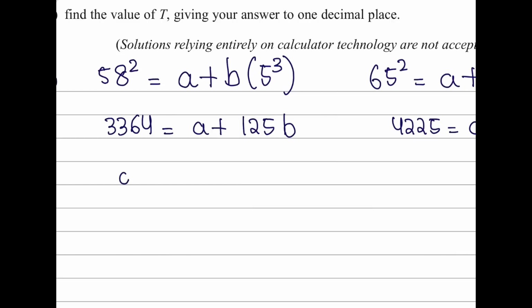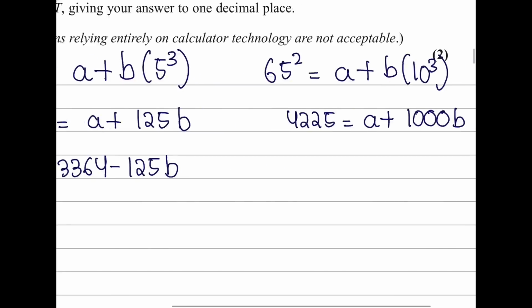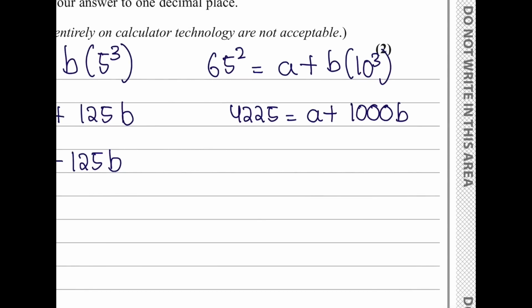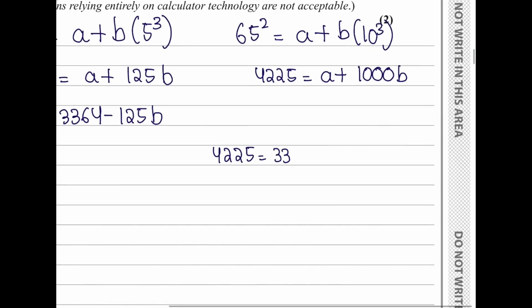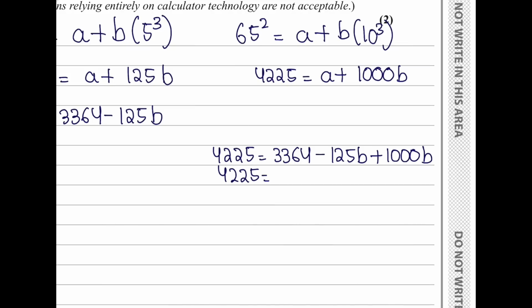So I can say a is equivalent of 3364 minus 125b. After that, I just substitute it here. So 4225 is equivalent of 3364 minus 125b plus 1000b.